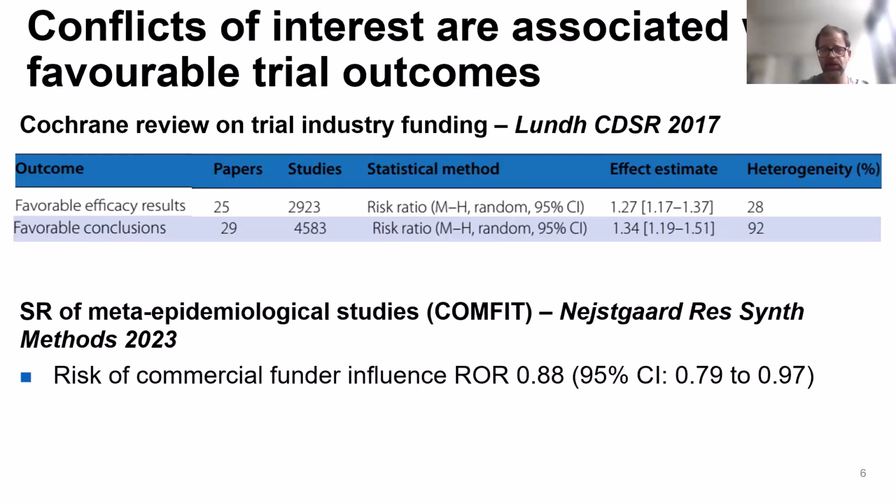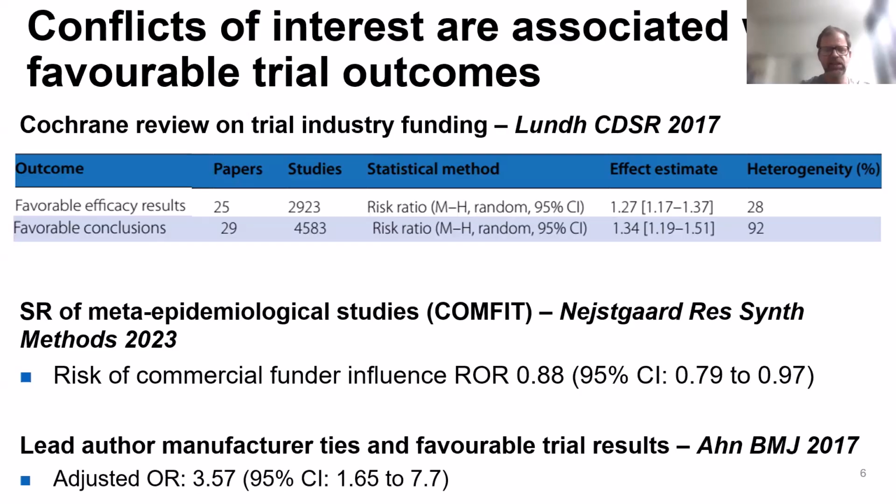There was also an association. Please note that in this type of studies in meta-epidemiology, the OR is switched around, so less than 1 is actually showing an increased effect size in trials with a risk of commercial funder influence.